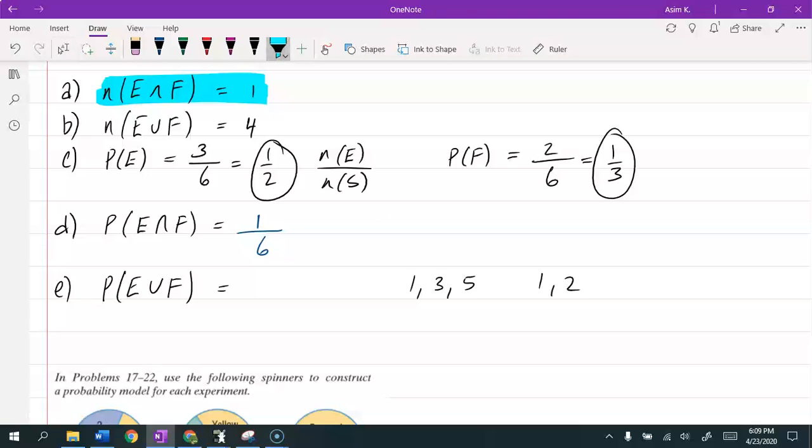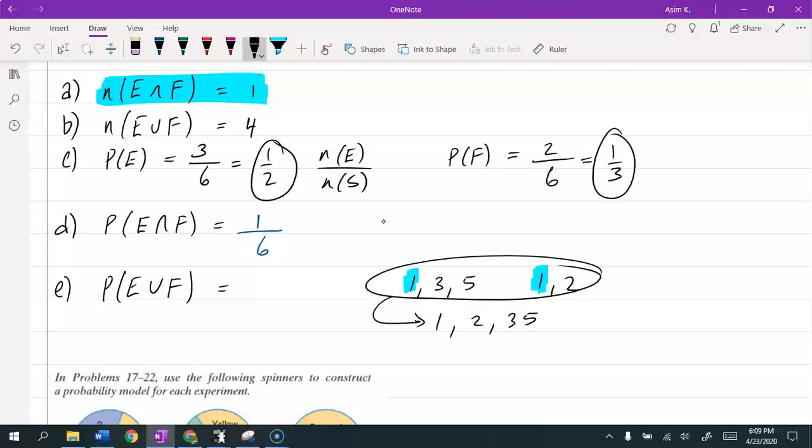Now notice how the 1s got repeated. This is what I was trying to explain to you earlier, right? So really you're looking for a 1, a 2, a 3, and a 5. When you account for all that, you say, look, I'm looking for a 1, 2, 3, or 5. Just say that, right? So there's 4 choices, there's 4 chances out of 6 that would actually occur for you.